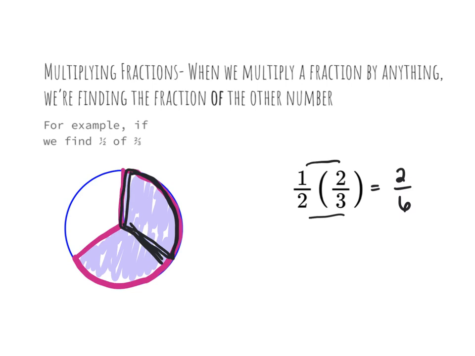We can also reduce that because what we notice is if I look at this pie in terms of 6, so I cut it into 6 theoretically equal parts. So I have 1, 2, 3, 4, 5, 6, and I shade in 2 of those.